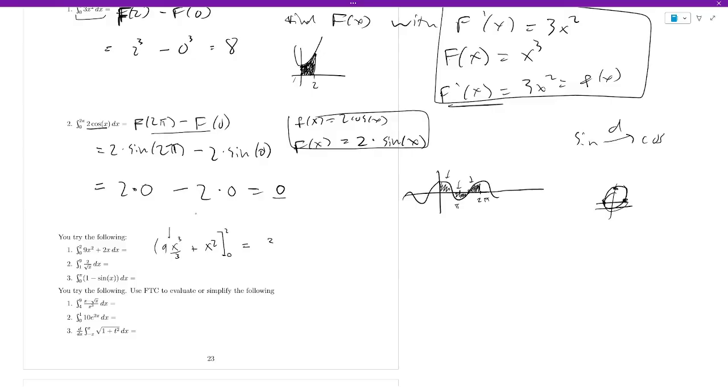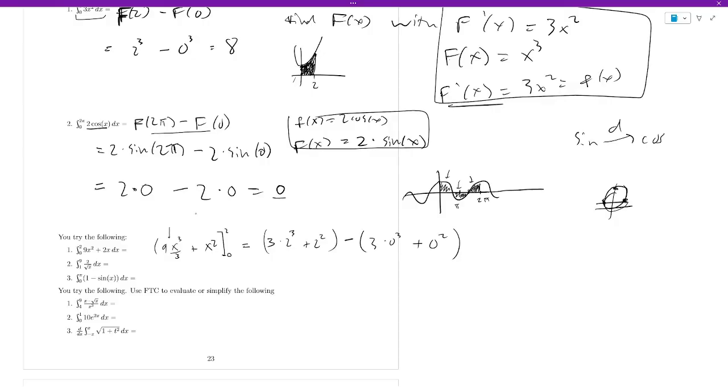So I'm going to say 3 times 2 cubed. So I'm plugging in the 2. And then I'm plugging in the 2 to this. And it's a good idea to write parentheses, minus, and then the next set, where I plugged in 0 to everything. It's going to be 3 times 0 cubed plus 0 squared.